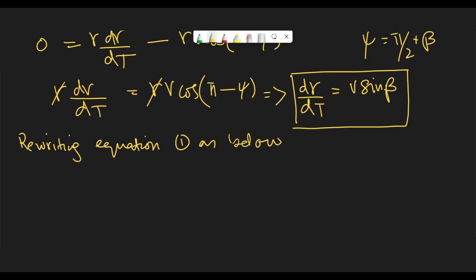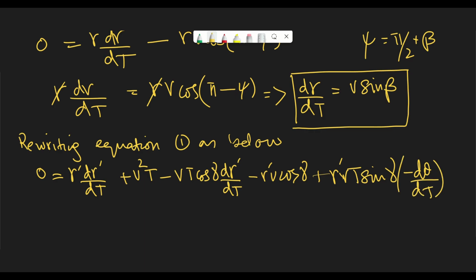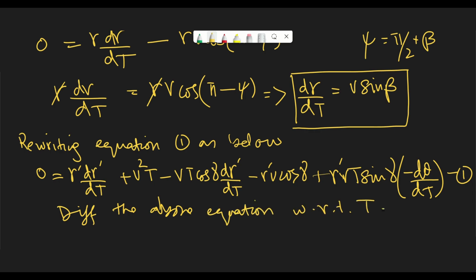So rewriting equation 1 as below: R prime V T sin gamma. Now we will differentiate the above equation with respect to t.